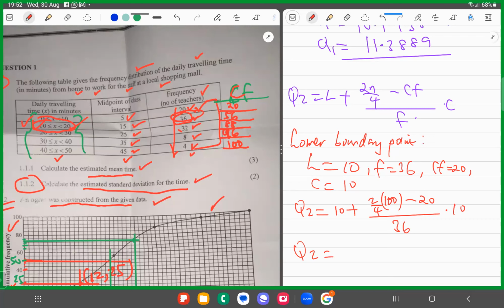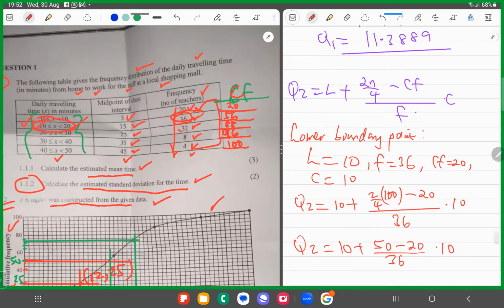Right, let's look at Q2. Your teacher might not have taught you these, but they are very powerful, like bulldozer formulae. So Q2 is 10 plus 50 minus 20, divided by 36, times 10.